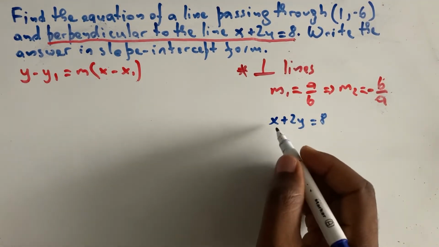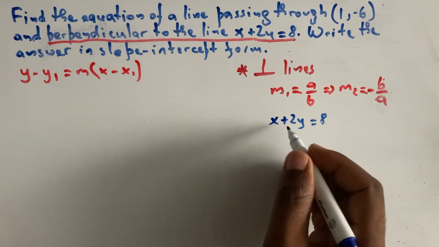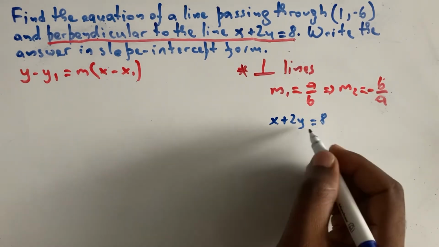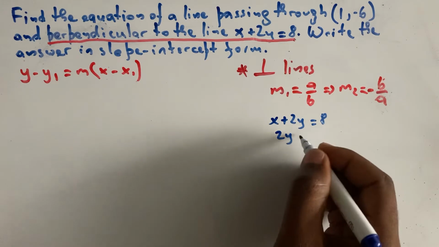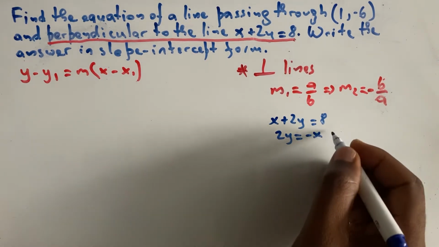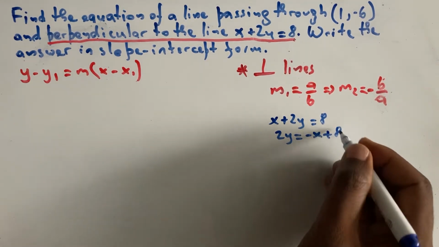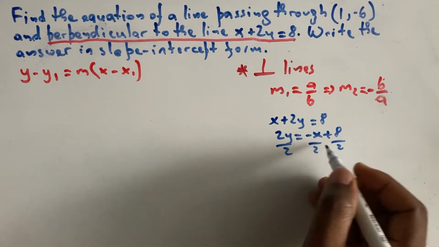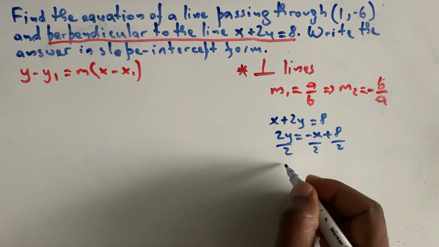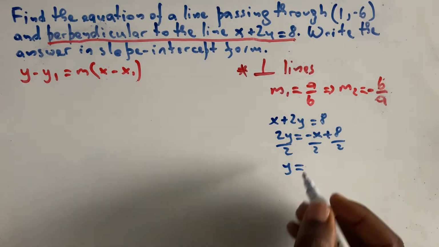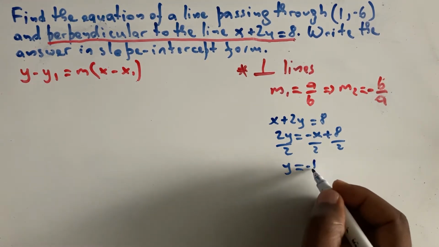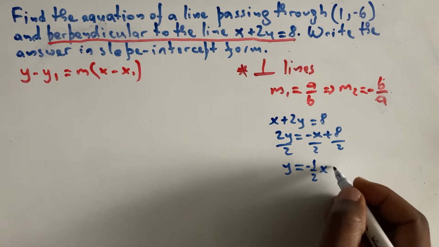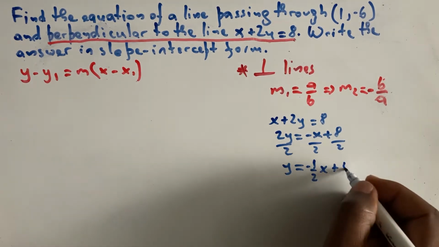So solving for y here, I'll subtract x from both sides. So I'll have 2y equals negative x plus 8. Then I'll divide everything by 2. So I'll have y equals negative 1 over 2 x plus 8 divided by 2, which is 4.